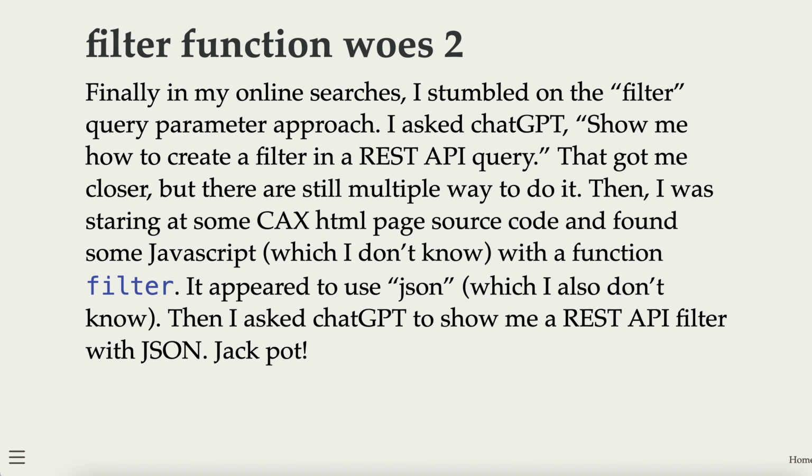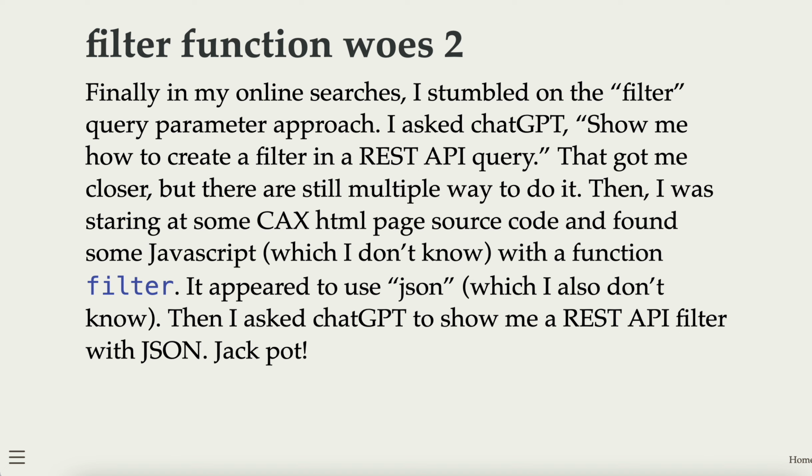It still took a while to figure out that what I needed to pass into this filter was JSON. The reason it took me a long time is that I could find information on these filters, but there are different ways that you can pass the information into that filter.